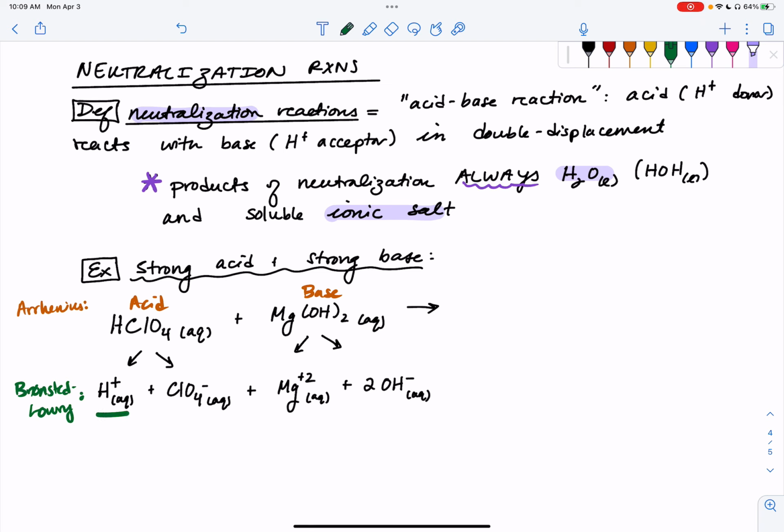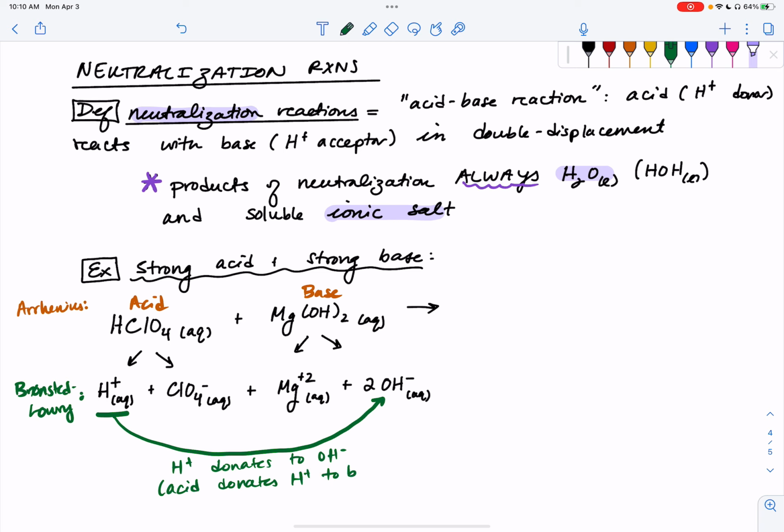So this is our acidic proton, and this is going to be donated to our basic particle, which is our hydroxide particle, according to the Arrhenius definition. So H+ donates to OH-. That means the acid donates H+ to the base.